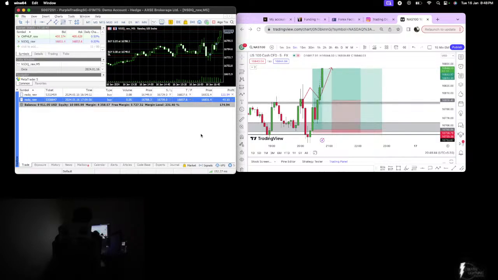So it has hit the target on TradingView. Let's wait for it to hit on the MT5. There's a little difference in prices. On TradingView, we have hit the target. If you want, we can close the position also. But let's wait for it to hit the target.